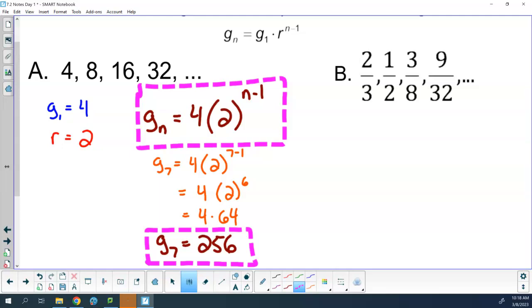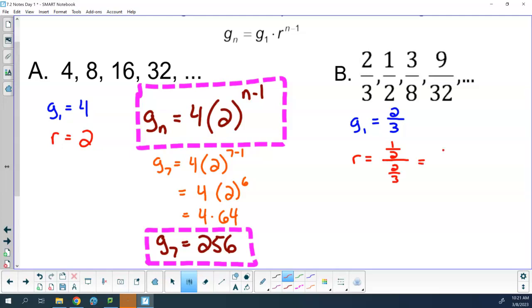Okay? You want to try one on your own? Go for it. Try the letter B. Find me the rule, find me the seventh term. First term, 2/3. R value. How'd you come up with that? So you did 1/2 divided by 2/3.